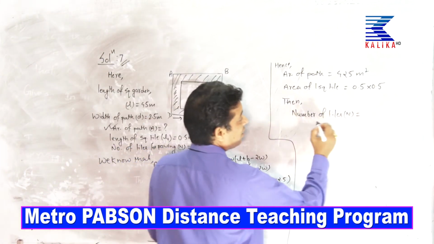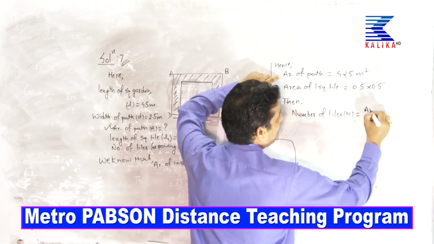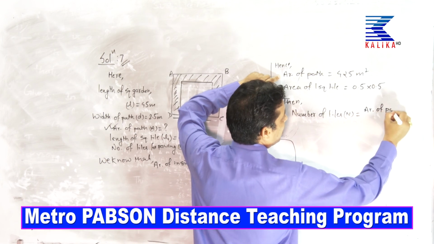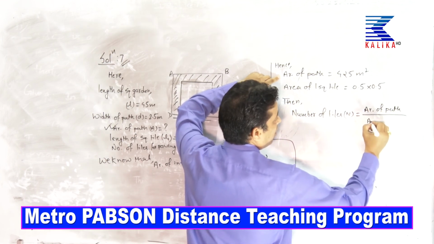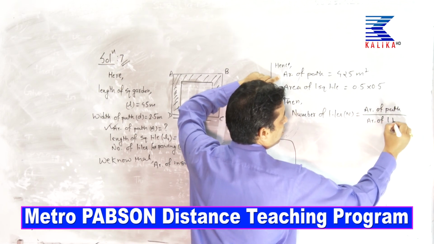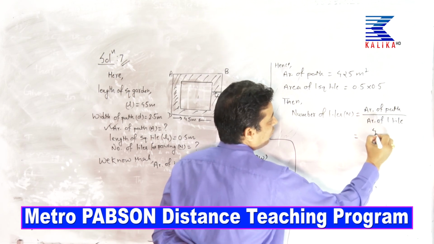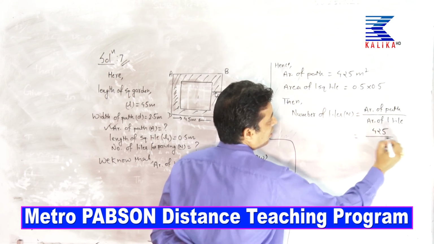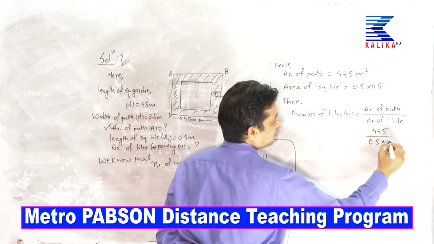This is why, to find the number of tiles, we divide the area of path by the area of one tile. Area of path is 425 and area of one tile is 0.5 times 0.5.